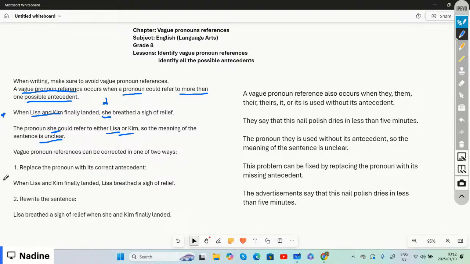An example of that is by saying, when Lisa and Kim finally landed, Lisa breathed a sigh of relief. Now we are replacing the pronoun with the correct antecedent, because now we are saying who breathed a sigh of relief.